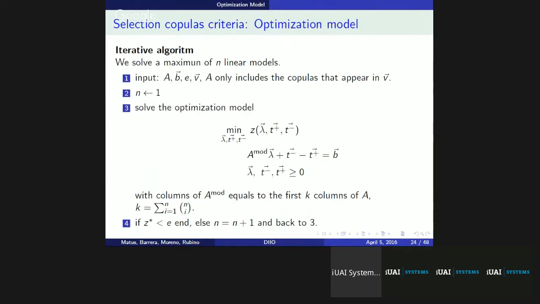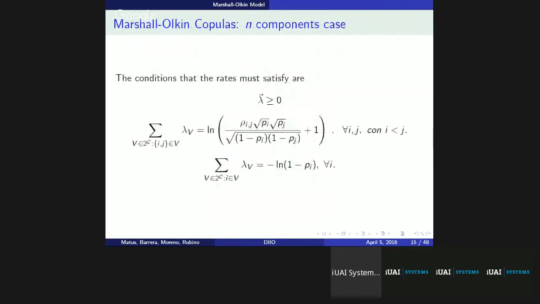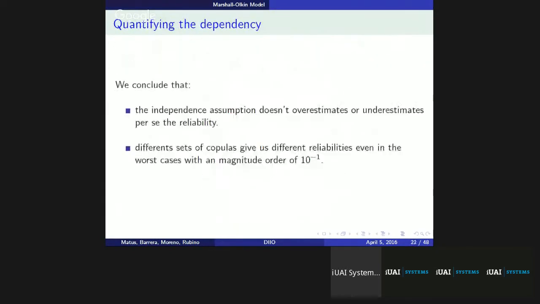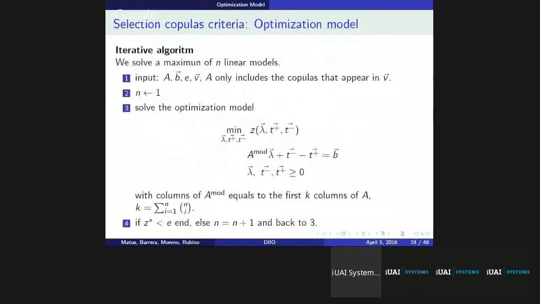And that is the algorithm to calibrate the Marshall-Olkin. First, I take the input. A is the Boolean matrix of that system of equations, B is the right side of the equations, E is the error, and B also holds the components, the copulas, that satisfy the distance criteria.